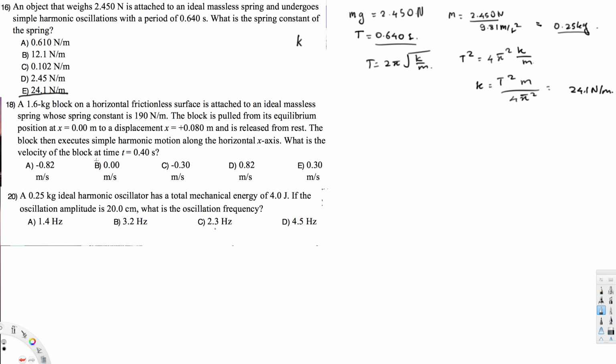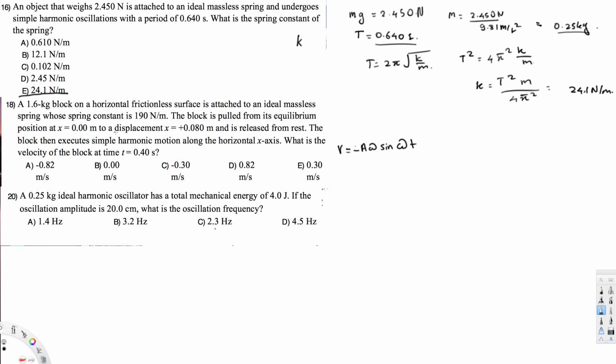Okay, so they are asking for the velocity. Let's put the velocity equation to know what are the things we need. Velocity is going to be minus A omega sine of omega t plus phi. We don't have to put the phi because we don't have any shift right here. So this is going to be the equation.